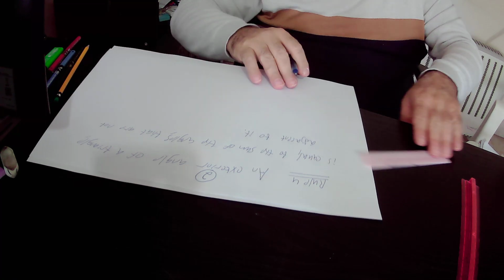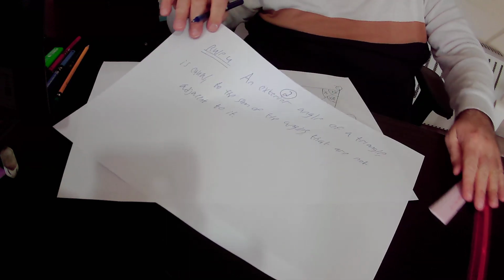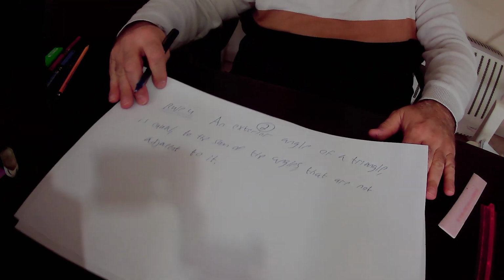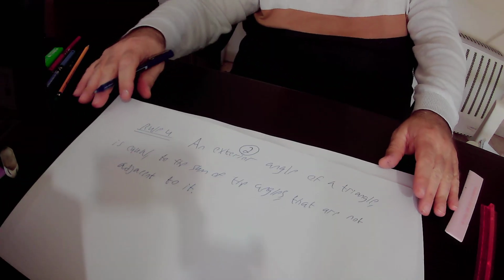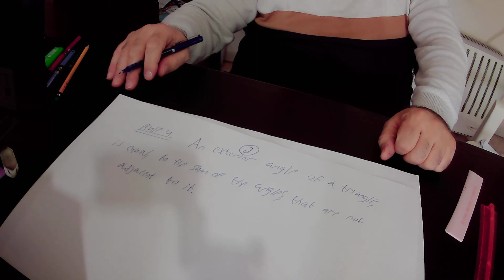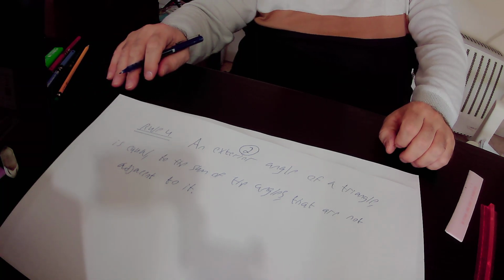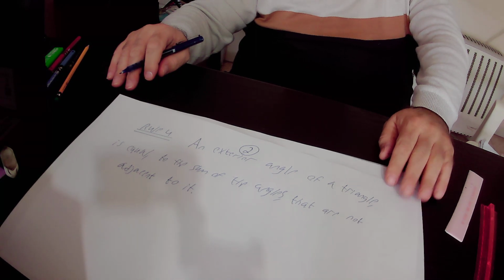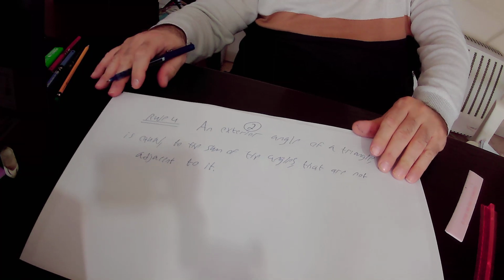I'll read rule number 4 again. According to rule number 4, an exterior angle of a triangle is equal to the sum of the angles that are not adjacent to it. So what is the meaning of rule number 4?